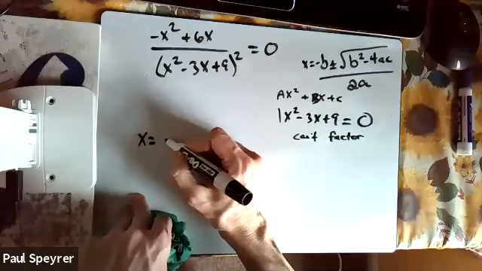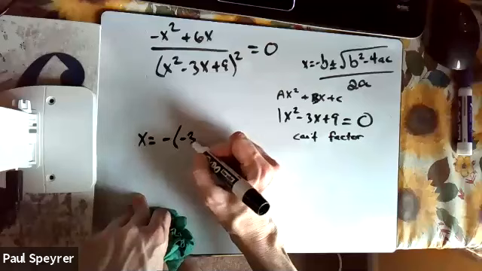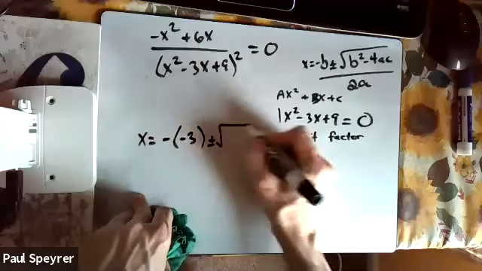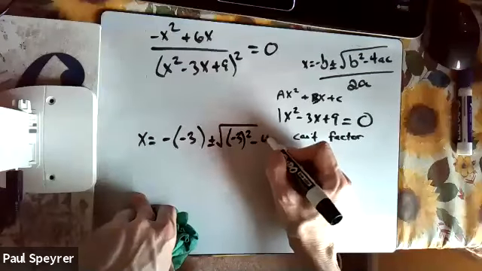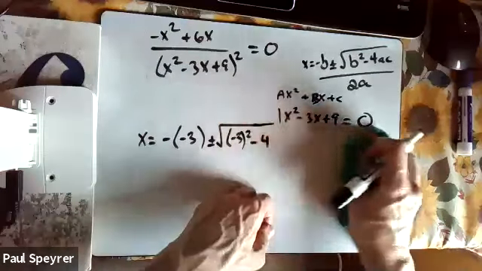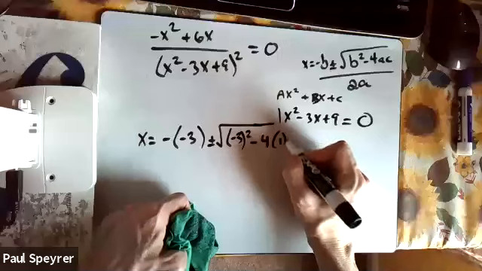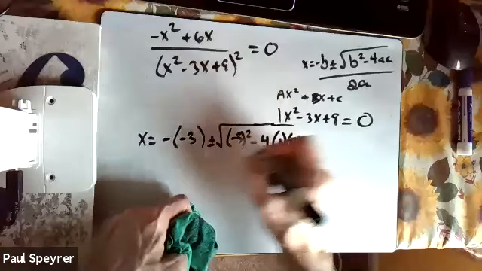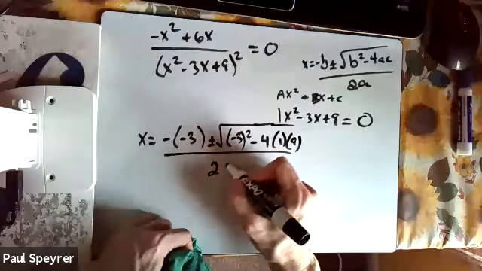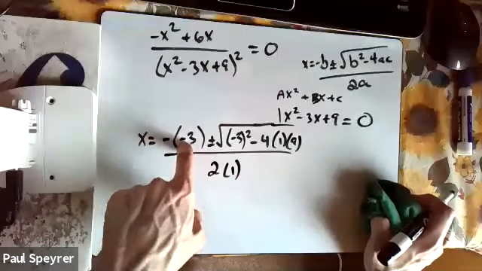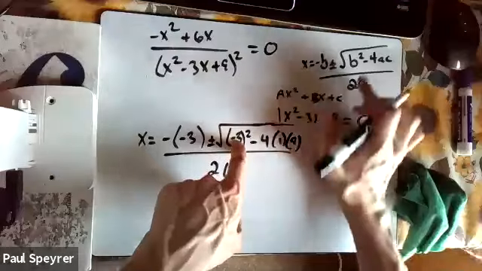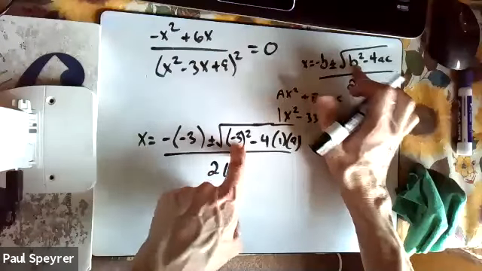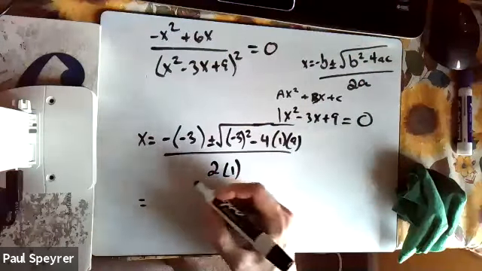X equals negative 3 plus or minus the square root of b squared, that's negative 3 squared, minus 4 times a, which is 1, c is positive 9, all divided by 2 times 1. Again, watch the signs. B was negative, so you have to put a negative 3 in right there. That's a negative as well, so we have to say negative 3, that quantity squared. And you just simplify it as much as you can.